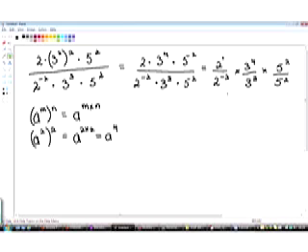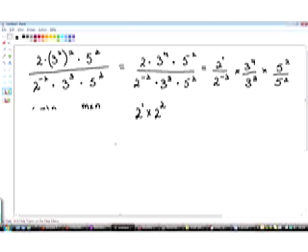If I go strictly using my laws of indices, this is the same as saying 2 to the power 1 multiplied by 2 to the power 2. Why? Because if it's negative in the denominator, it's supposed to be positive in the numerator. Or in other words, what I'm looking at doing is inverting, and that's what I did.